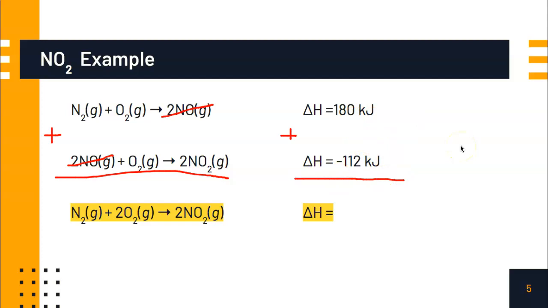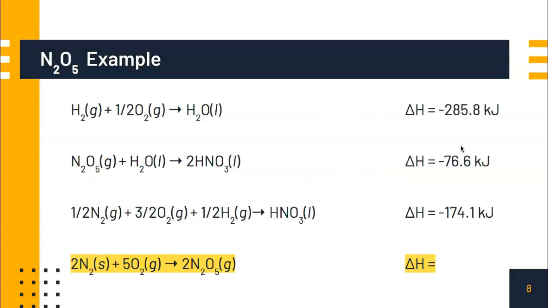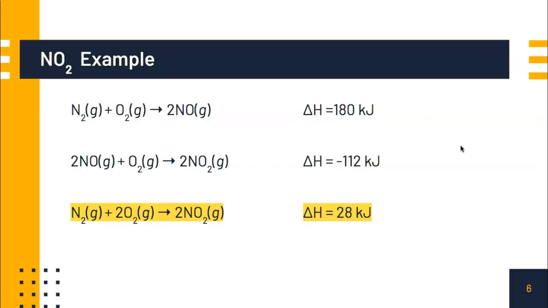And 180 plus minus 112 is going to be, oh good, sorry. That was too many steps, I apologize. There we go, 28 kilojoules.